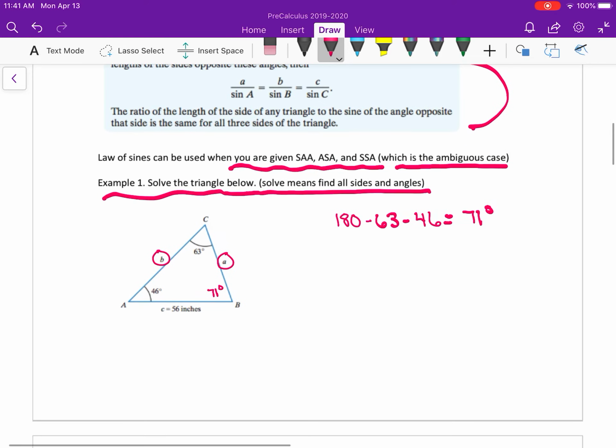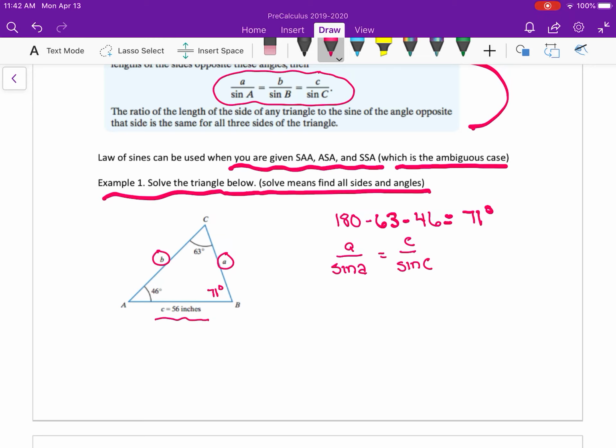And to do that, I literally use these ratios from up here. Very straightforward. So I'm going to look at A over sine A, and I'm going to look at C over sine C, because this is the information I've got here. So I can say that A over sine of 46, which is the angle straight across from it, is going to equal C, which is 56, over the sine of 63, the angle straight across from it.